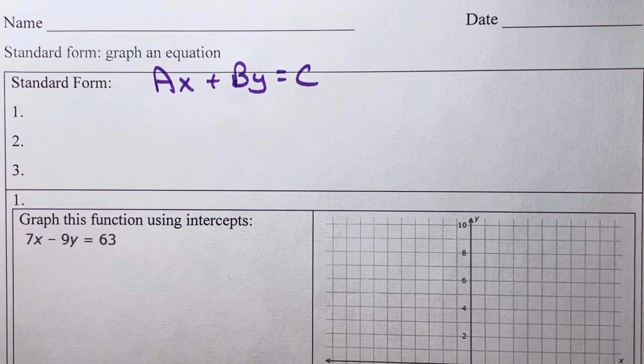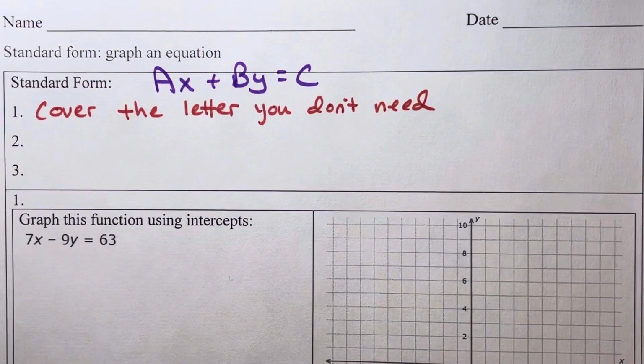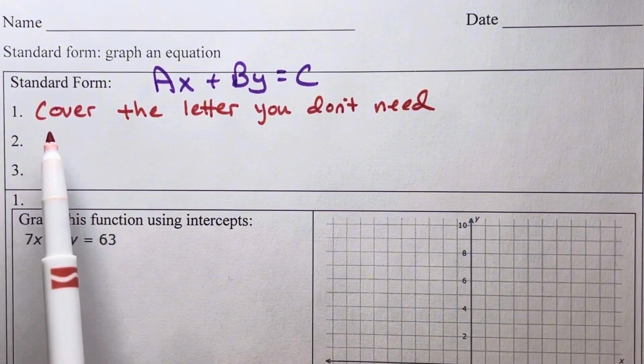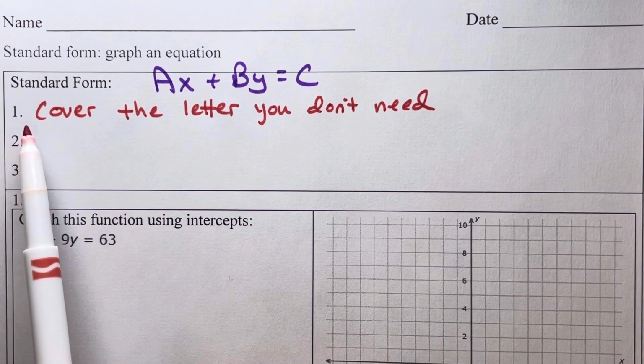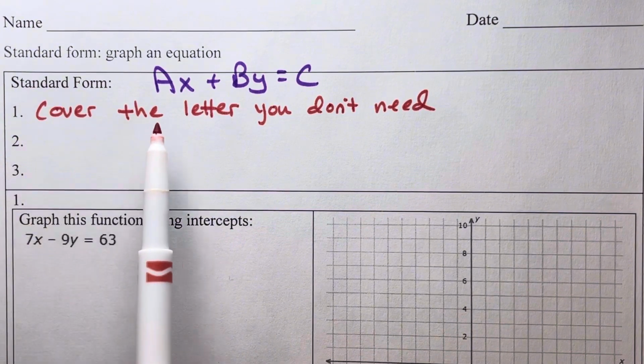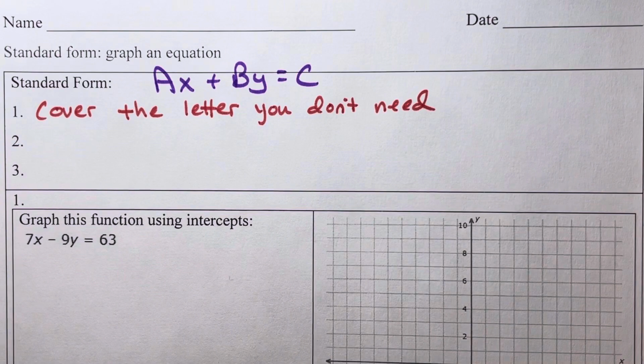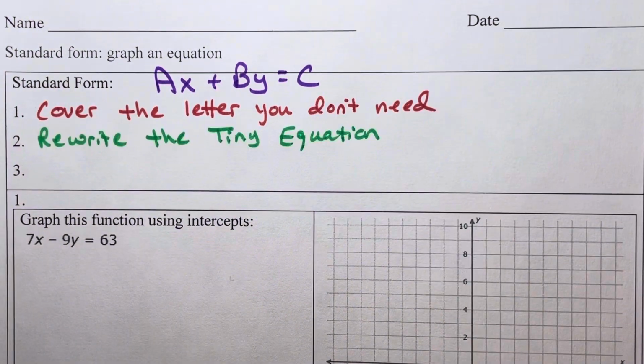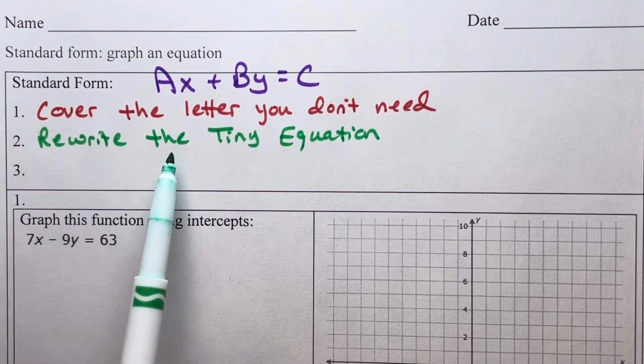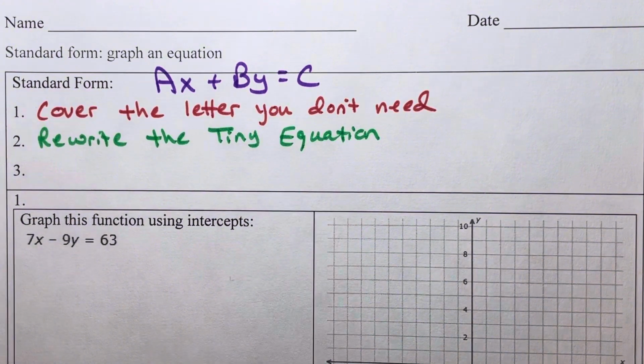Let's start by reviewing those 3 steps of how to find intercepts. We learned in the previous lesson that the first step in finding an intercept is to cover the letter that you don't need. The second step is to rewrite your new tiny equation.